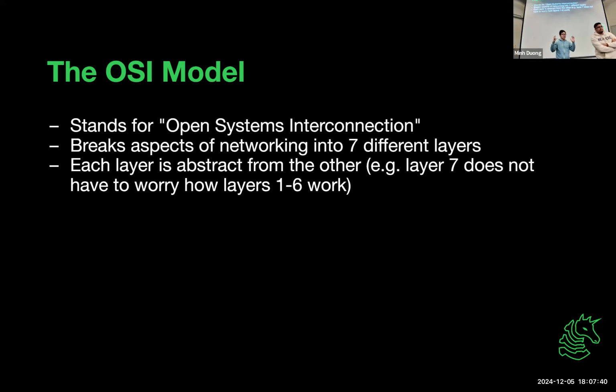Each packet that is sent on a network will contain some or all of these layers, but you'll always start with layer 1 and work your way up to layer 7. It's kind of like Russian nesting dolls, where you have layer 1 as the outside encapsulating doll, and then you could have multiple layers on the inside.